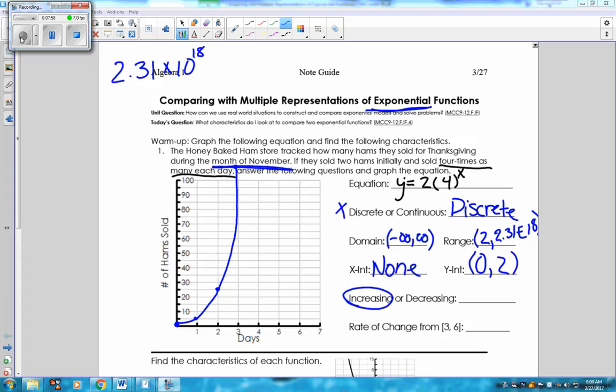Okay, rate of change. How many people remember how to find rate of change? How? Okay. So I'm going to use the point slope formula, y2 minus y1 over x2 minus x1. To find out what y2 is, I have to plug in my second x value into the formula. So if I plug in 6 for x, what do I get?